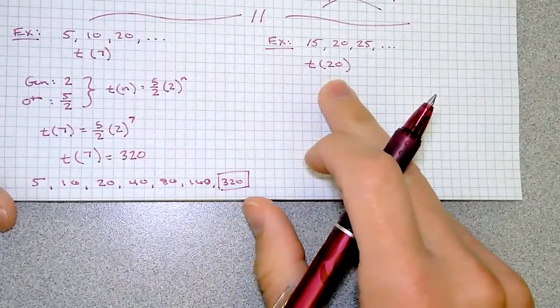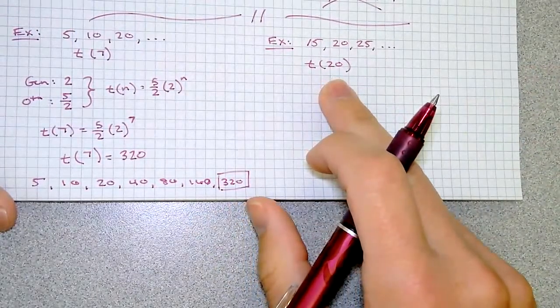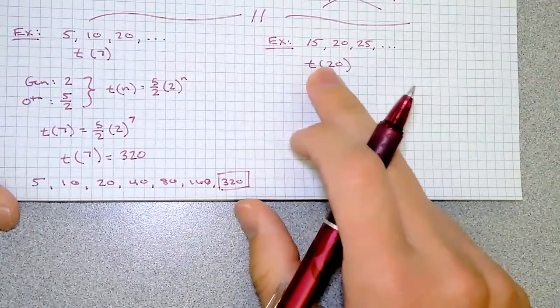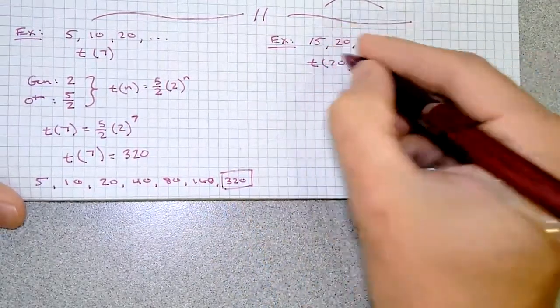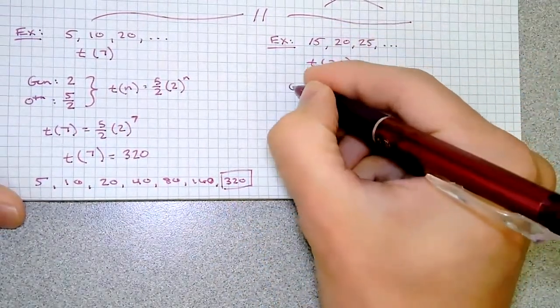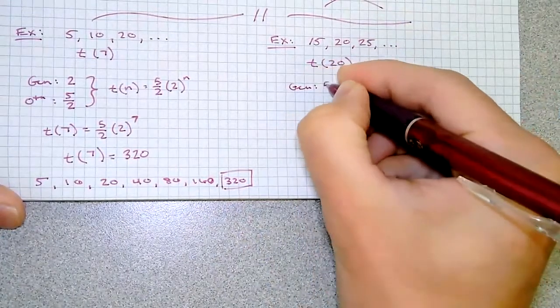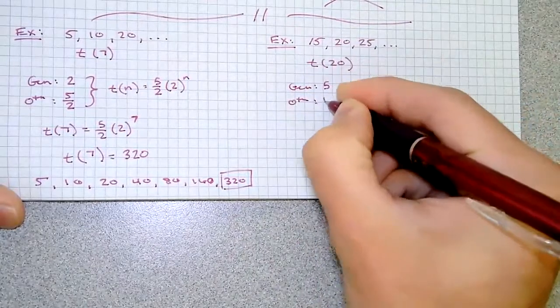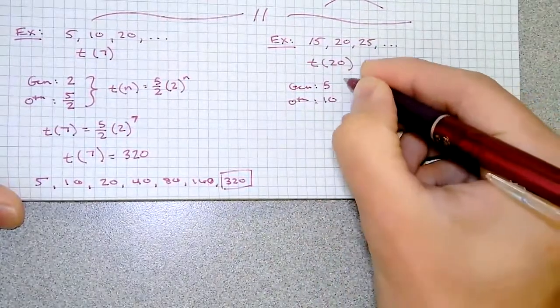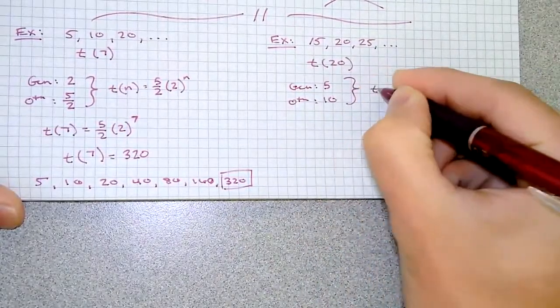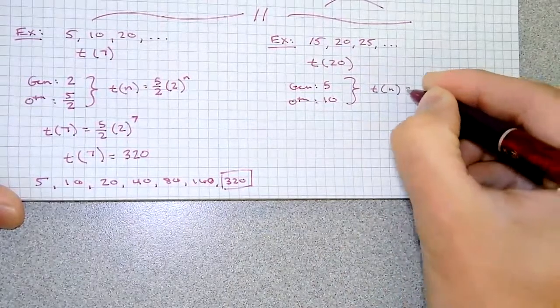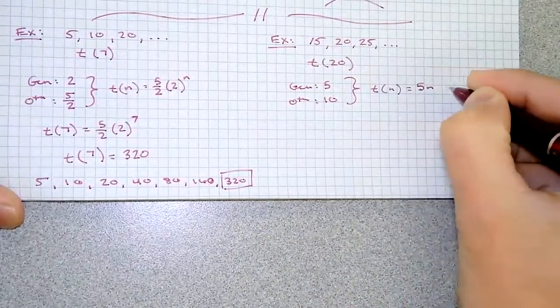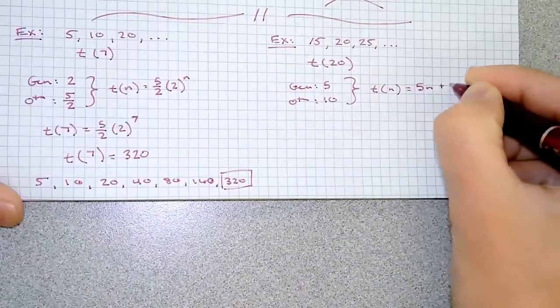Okay, second one here. 15, 20, 25. We're adding 5 each time. So it should be arithmetic. My generator is 5. My 0 term, what would come before 15, should be 10. Since it's arithmetic, I have to use mn plus c.